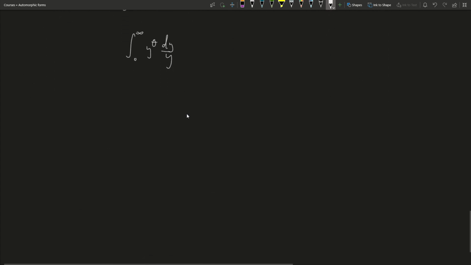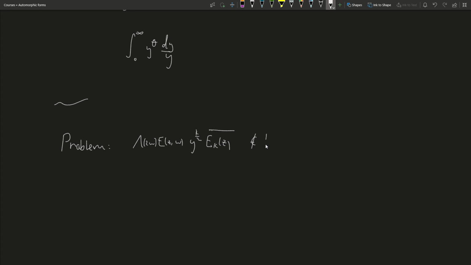And the problem is that the function that we're looking at, lambda 2w E z w y k over 2 holomorphic E conjugate, is not a square integrable function on, and here it's going to be level 1 trivial character, so I'll just write SL2(Z) quotienting the upper half plane.